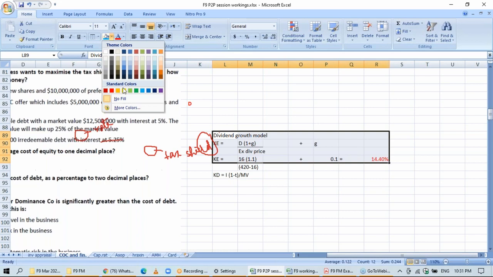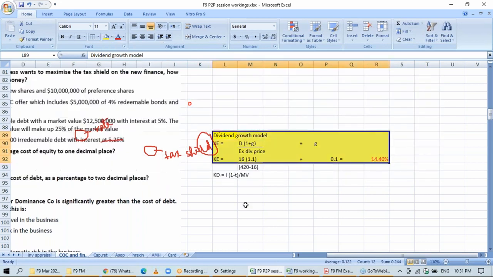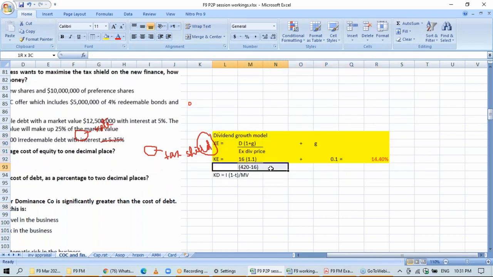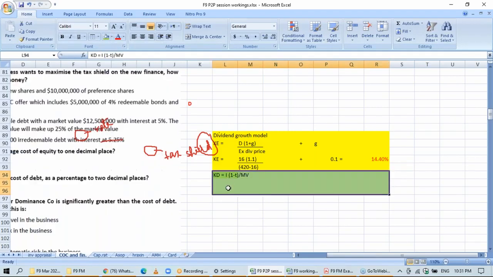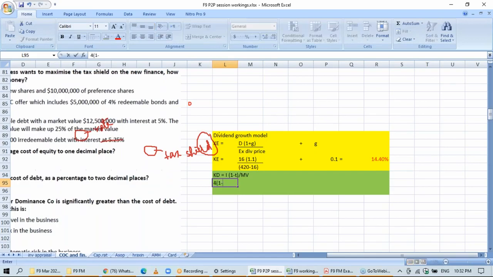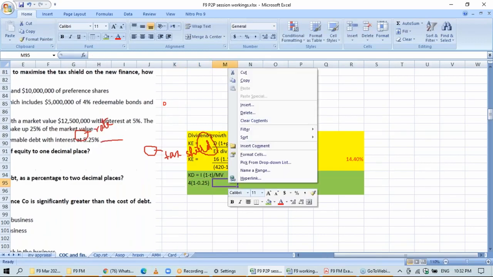In the yellow patch, you get the answer for cost of equity. And now in the green patch, you'll be getting the answer for cost of debt. So the green patch shows you the answer for the cost of debt. Now, what is the interest rate? The interest rate was 4%, right? So 1 minus the tax rate, which is 25%, 0.25. So 1 minus 0.25 leaves 0.75.